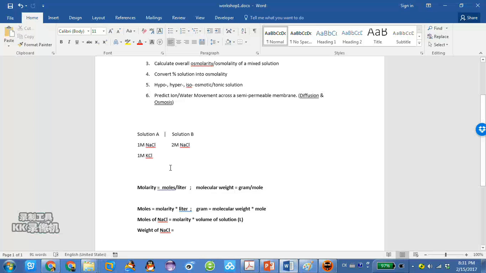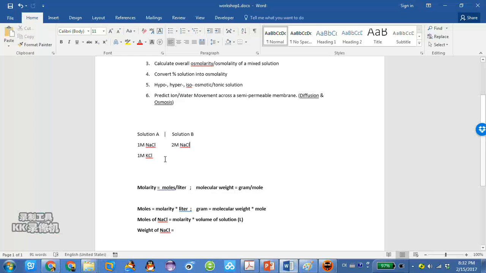So, for example, the 3 types of ions in solution A on the left side are constantly moving, knocking on the semi-permeable membrane between solution A and solution B. That is the driving force of osmotic pressure, which causes the process of osmosis.